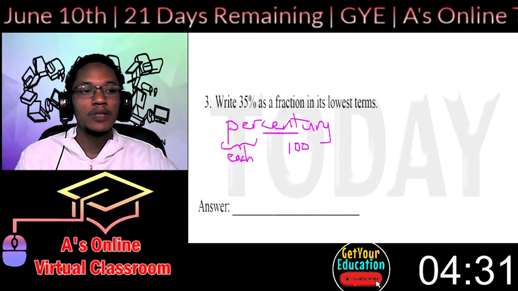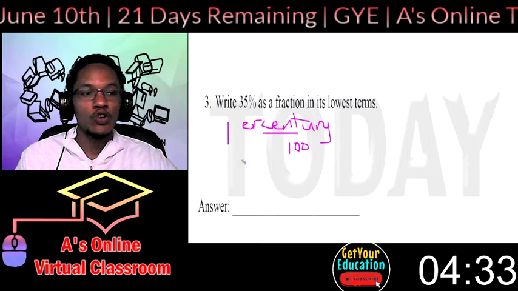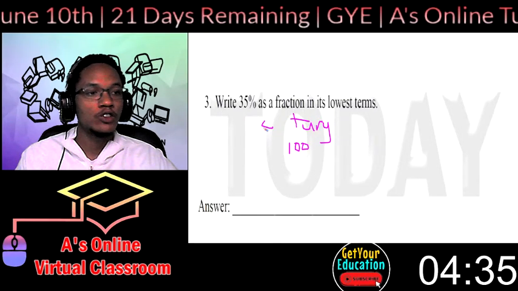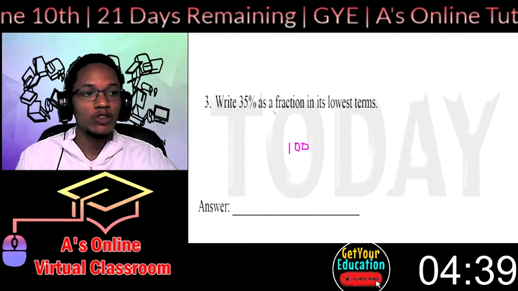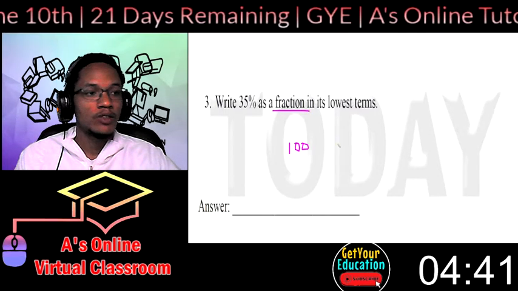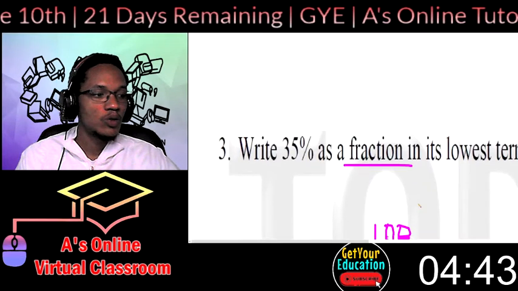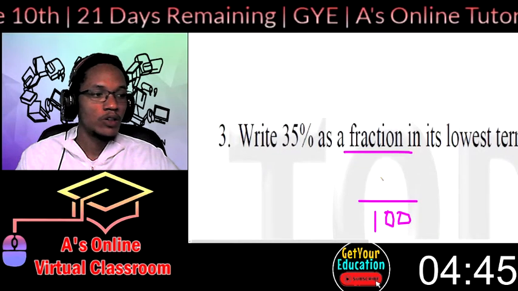So percent basically means each or out of or every 100. So 35%, if we want to write it as a fraction, we have to take it and put it over 100.